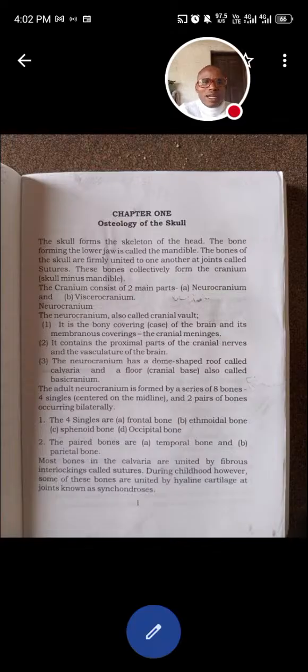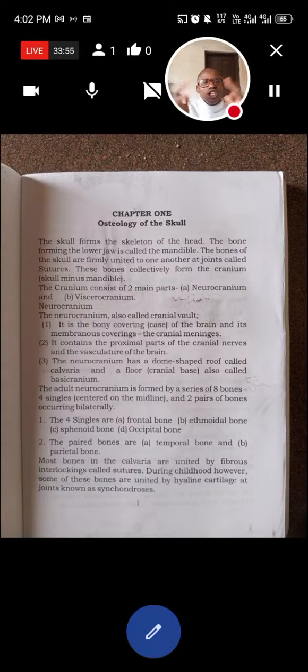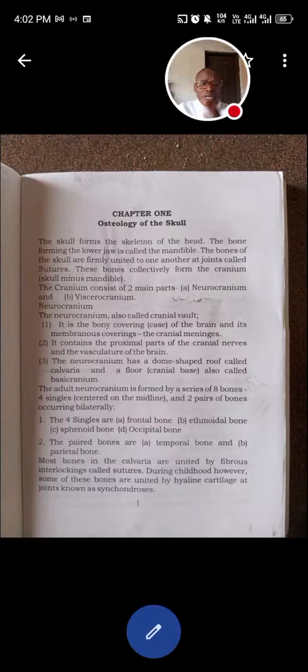When we talk about cranium, cranium is the skeleton of the head minus the mandible. Minus the mandible. And we say the cranium is divided into what? Into two. We have the neurocranium, we have the viscerocranium, from viscera, connecting head and neck. We have heard of visceral organs.